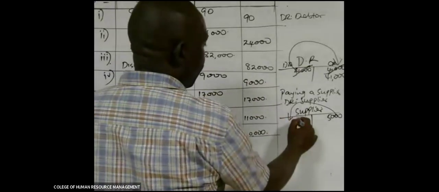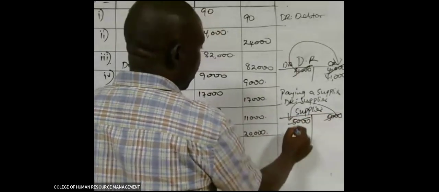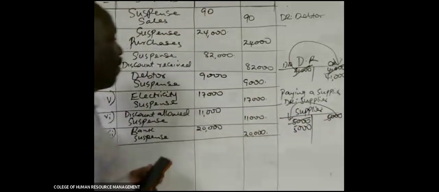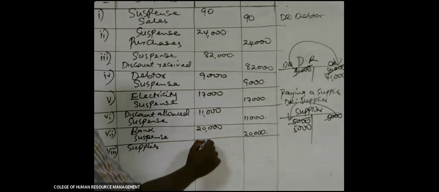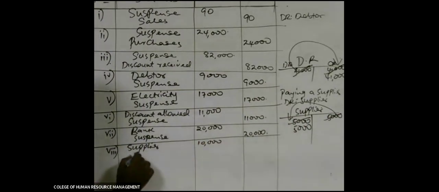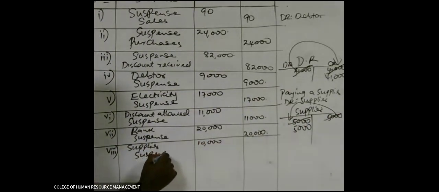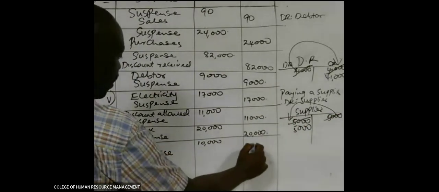So the first 5,000 is to reverse that, then you record the 5,000 again. So we shall debit the supplier by a total of 10,000. Then the suspense will be credited by the 10,000.